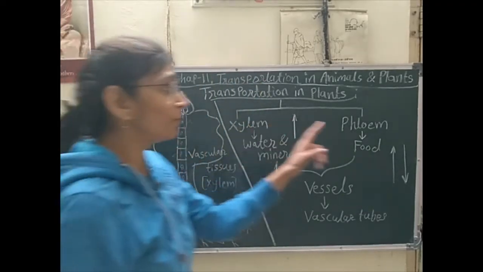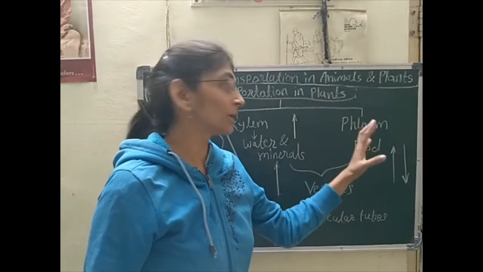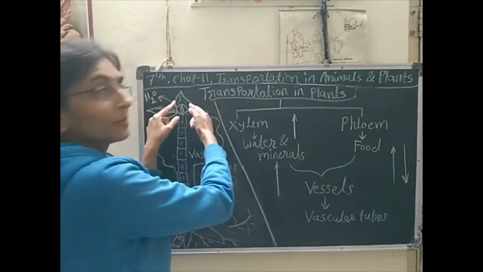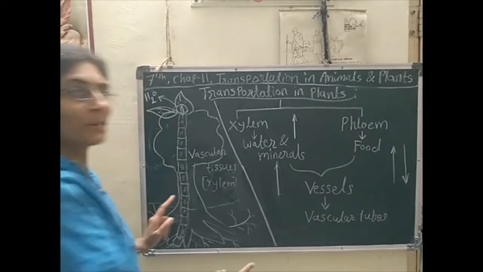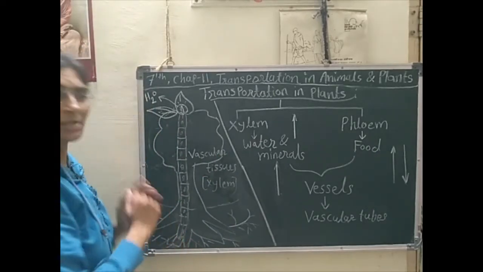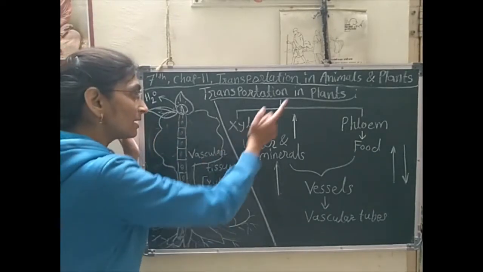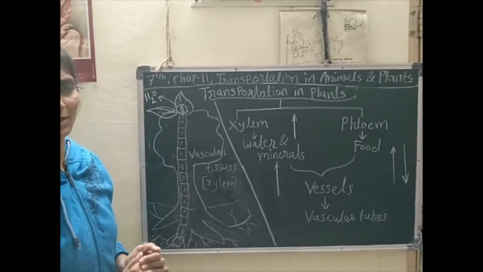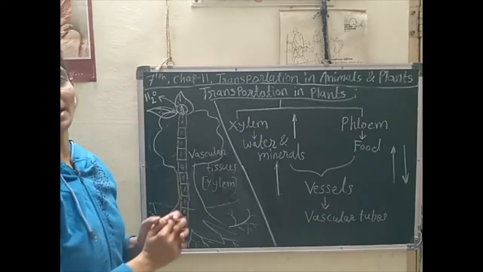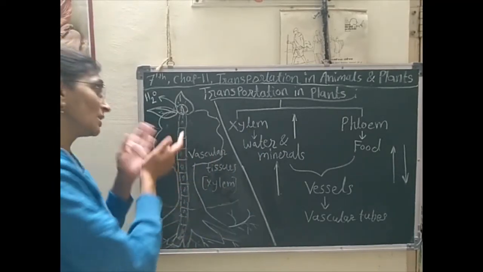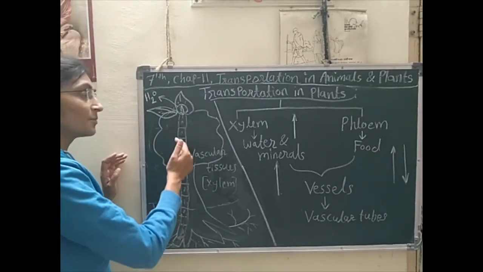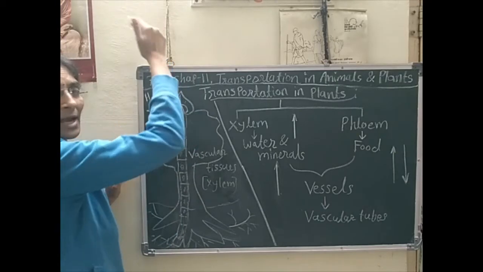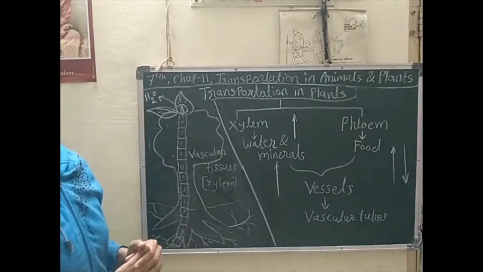And the food should transport from leaves to all body parts, because hair root also need energy, another parts also need energy. Yes, flowers need energy, fruit need energy, the branches need energy, so that the food get transported towards upper side as well towards lower side also.